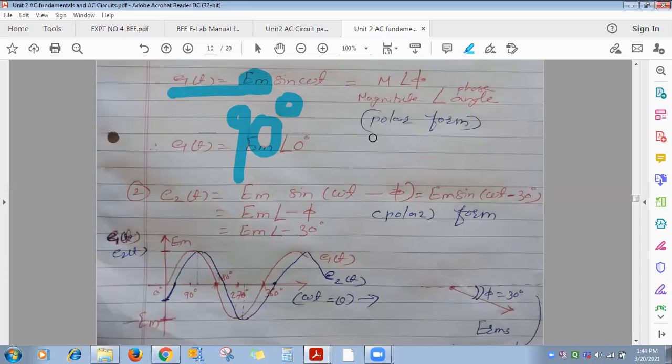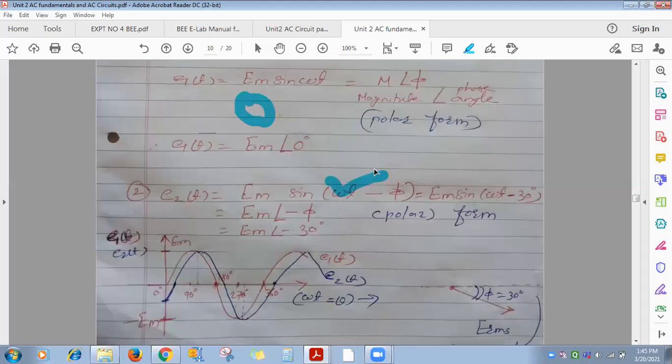So 90 plus 30, for the second waveform its first positive peak will occur at 120 degree, and accordingly you have to show the waveform. If the first waveform has 0 value at the origin, at what degree will the second waveform have 0 value?